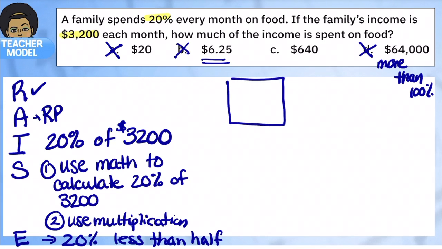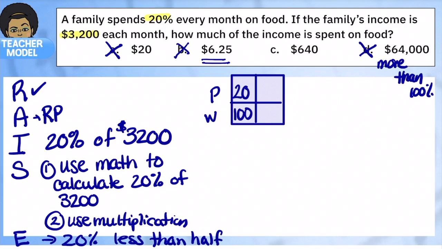Let's draw this out. And we have 20%, which is 20 out of 100, which is part and whole. And we have no idea what that part is for food, but we know we have 3,200.